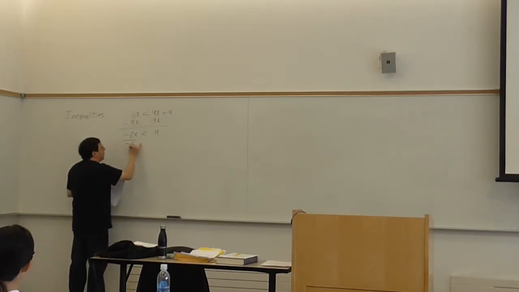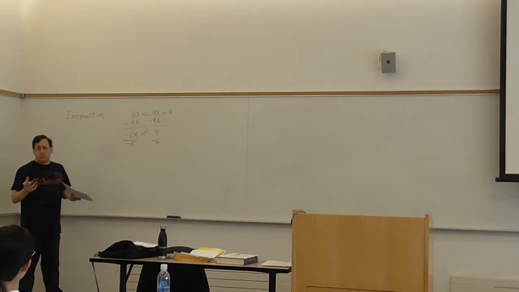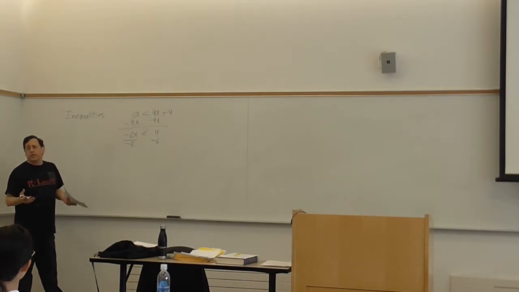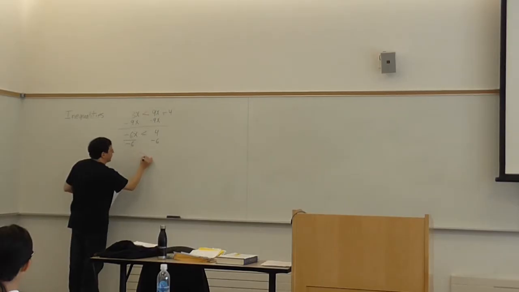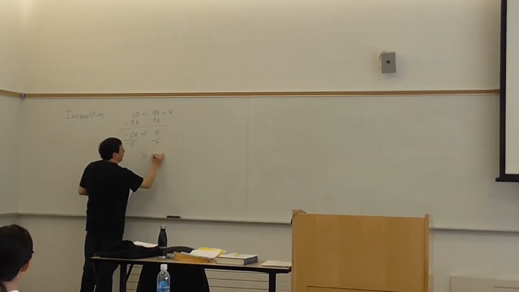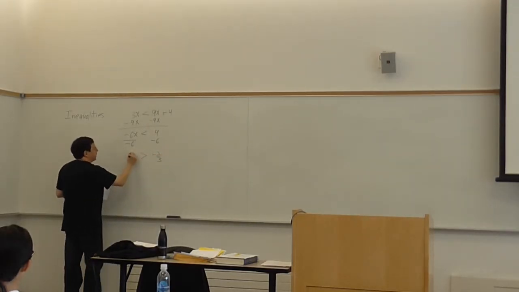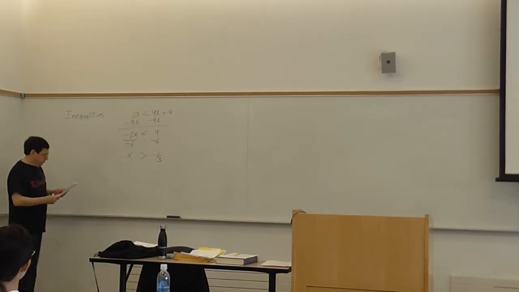Now I'm going to divide both sides by minus 6. Well, since it's dividing or multiplying, right? In other words, I'm multiplying by 1 over negative 1/6. This is going to reverse and become greater than. So I end up with negative 2/3 here, and I end up with x here.